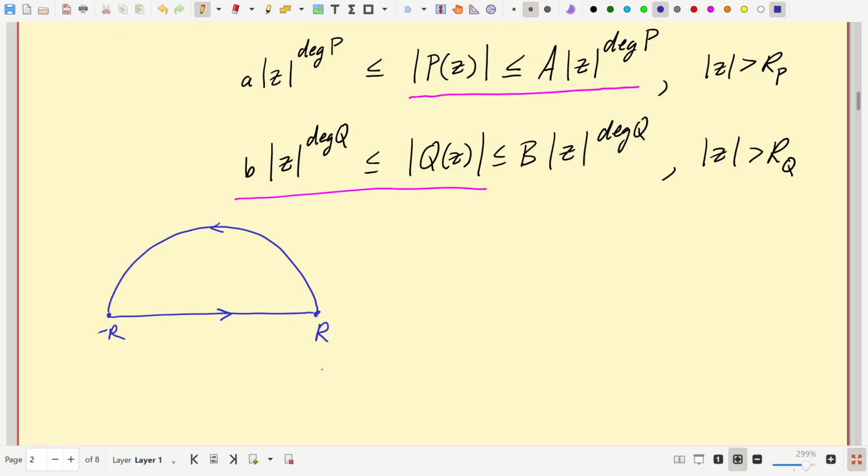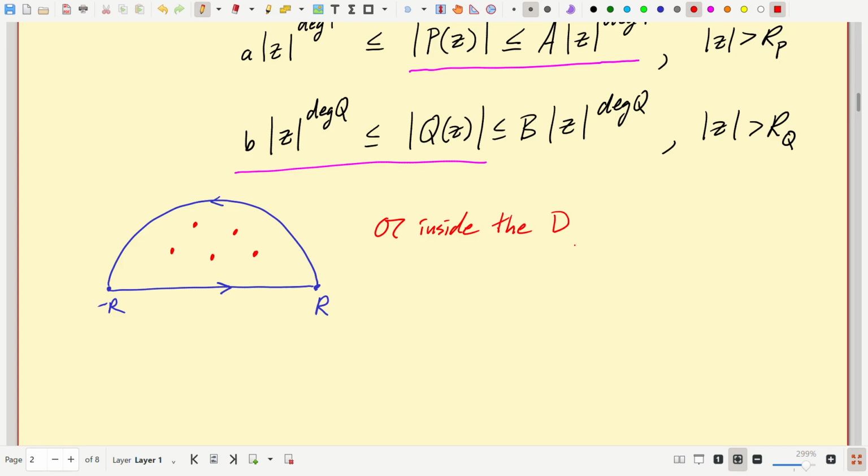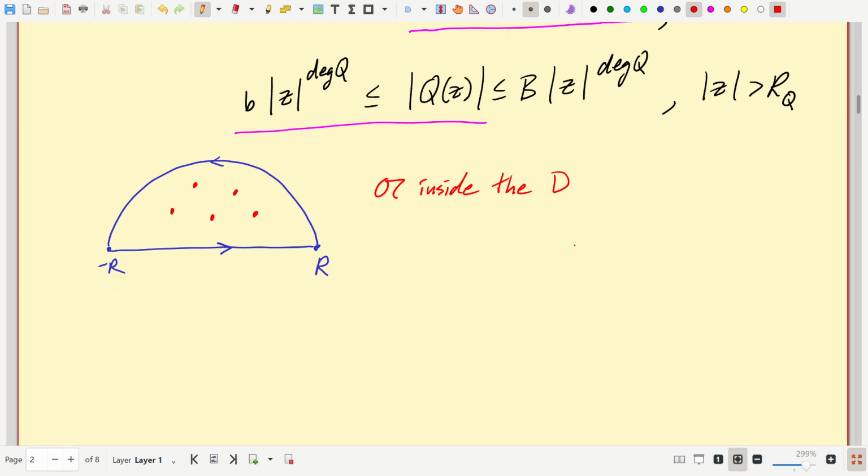And let's see, I would make the R big enough so that all the zeros, this is the whole entire set of A, so A is inside the D. It's a finite set, because Q has only finitely many zeros, of course.